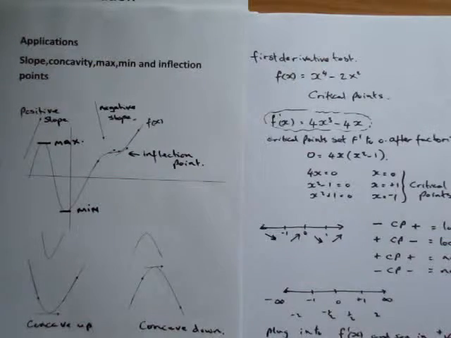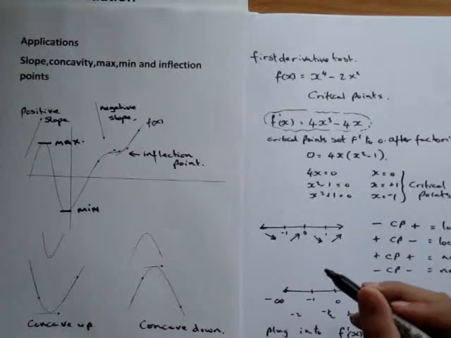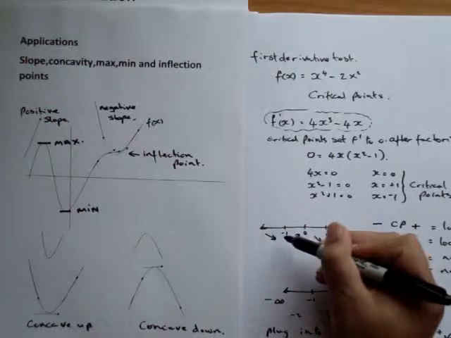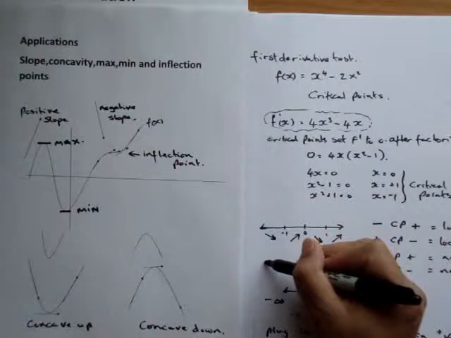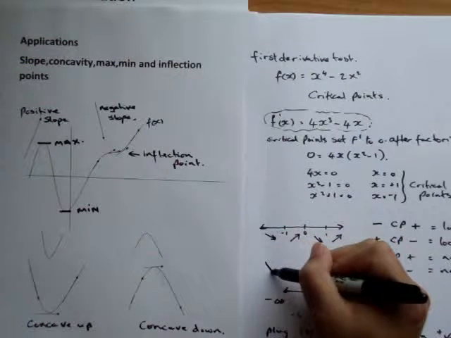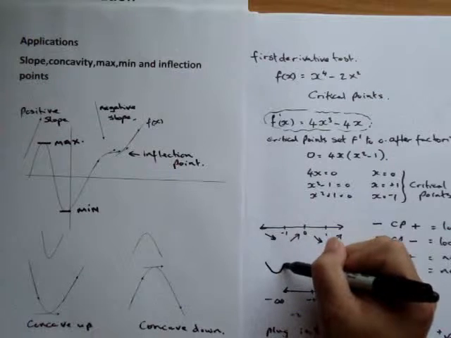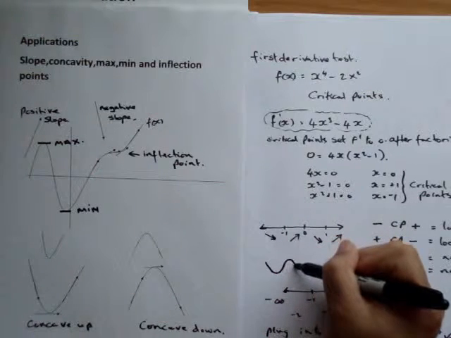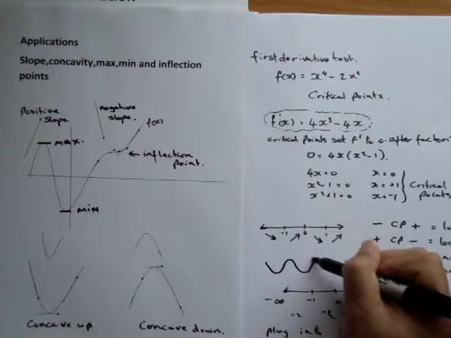So this tells us that in our original curve we have a concave up going to a 0 and then another concave up, like so.